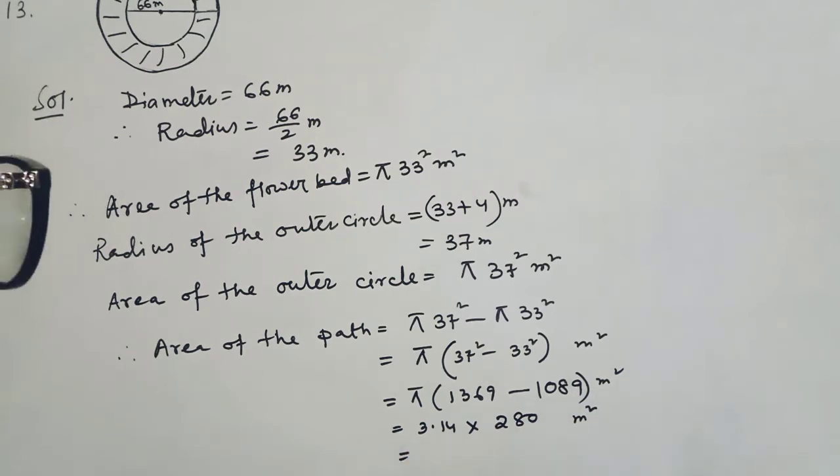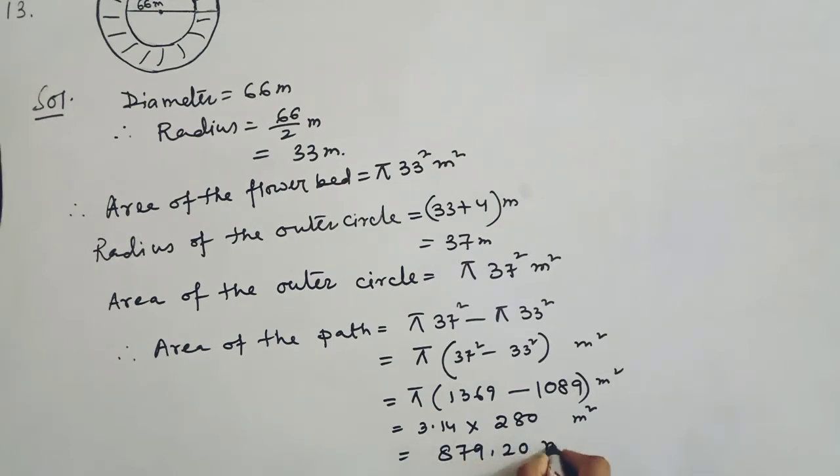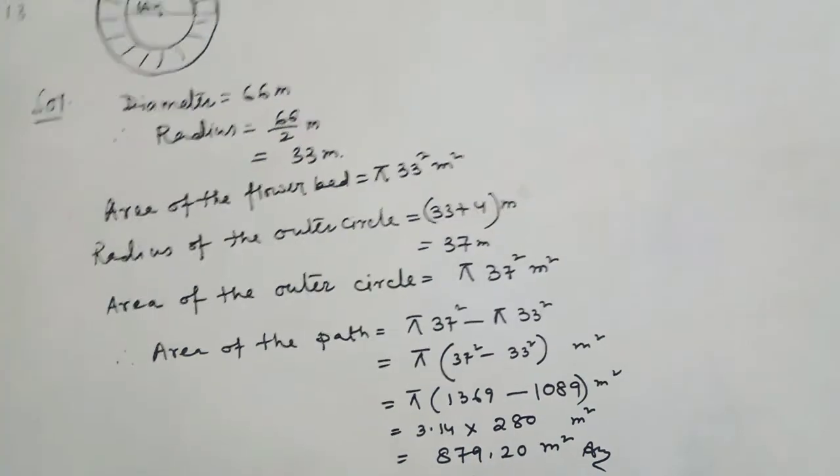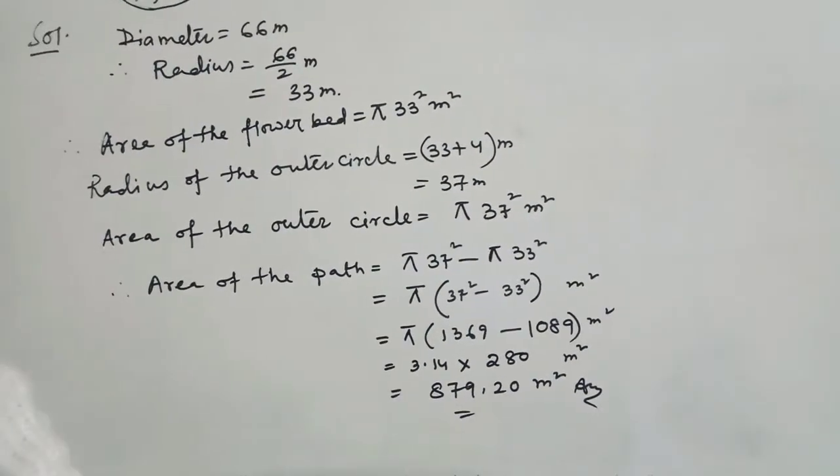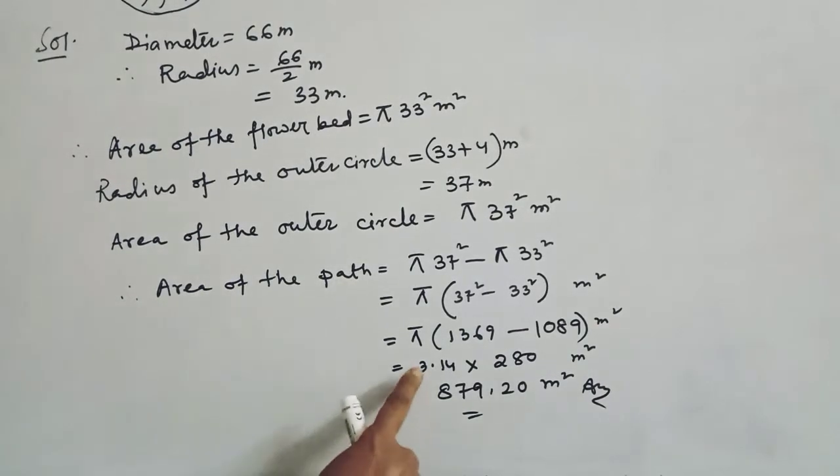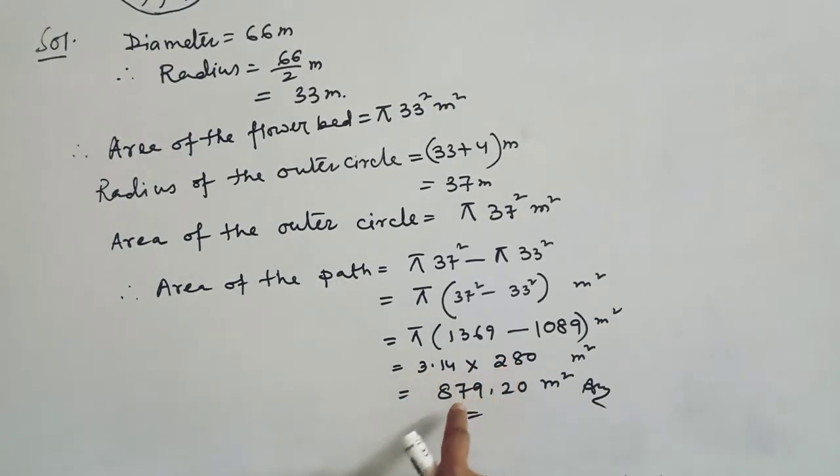So this is the answer of this sum, because you have to find the area of the circular path. When you multiply 3.14 into 280, you get 879.20. This is the area of the circular path.